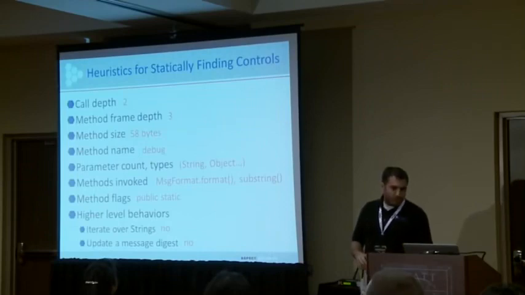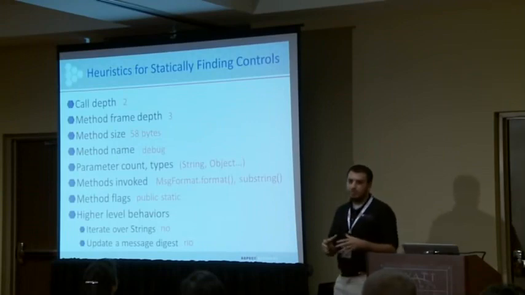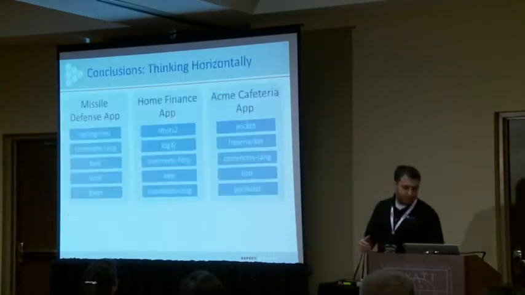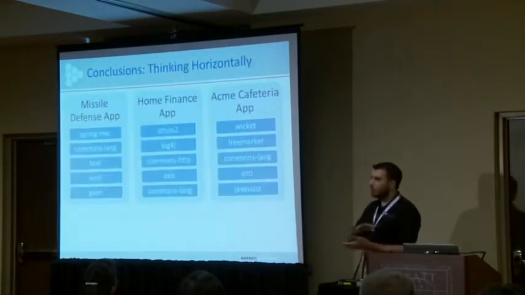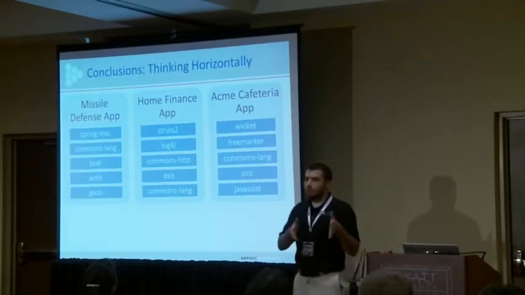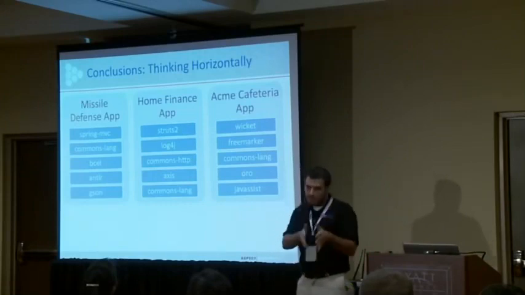We ran this test on a very small subset of the Central Repository, Maven, and we got really great results. So I want to encourage people to start thinking more horizontally like that. When I say horizontally, most of the industry is focused on thinking vertically. Each app is its own stovepipe, and we're analyzing one app at a time.